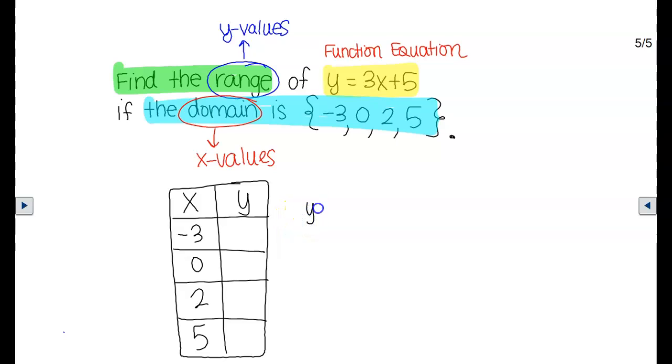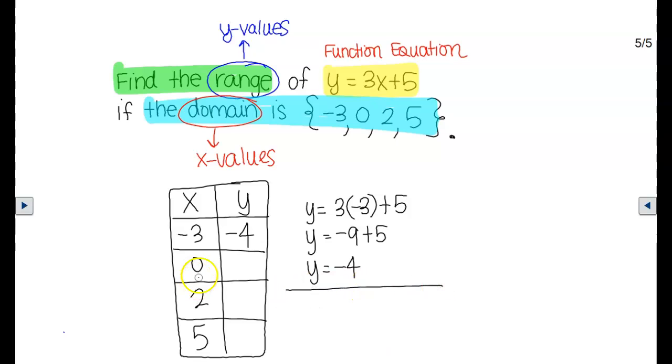So that will make this y equals 3 times -3 plus 5. And I'll do what this says and work it out. So first I'll do 3 times -3. I know that's -9. So I get y equals negative 9 plus 5. And then I'll do negative 9 plus 5 and get negative 4. So my output for negative 3 is negative 4.